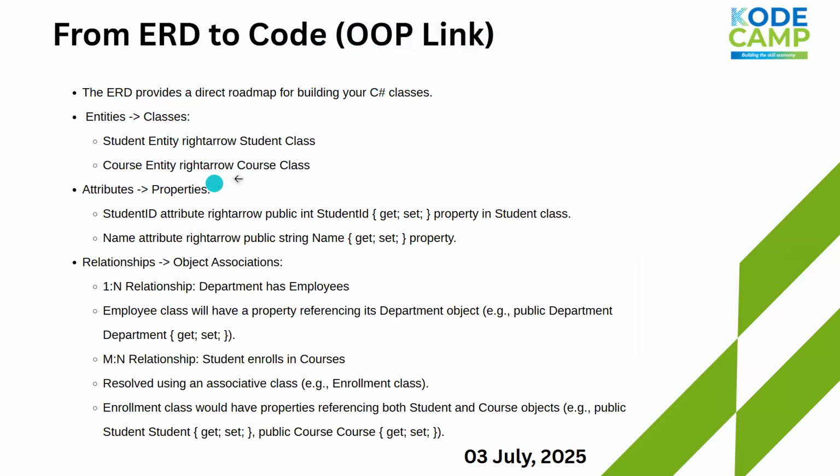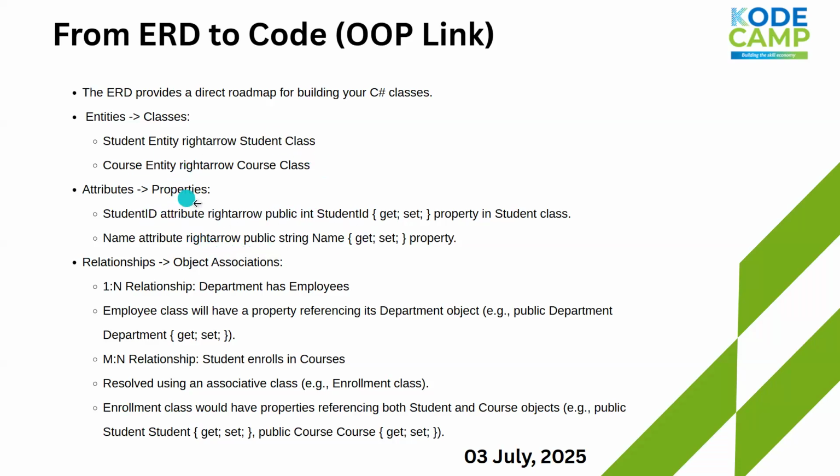The course entity is actually a course class. In our next class, which is on Thursday, we'll go into the code and see how to create classes, how to create the student class, course class, and how to declare or give properties to these classes, right? We get it now, right?